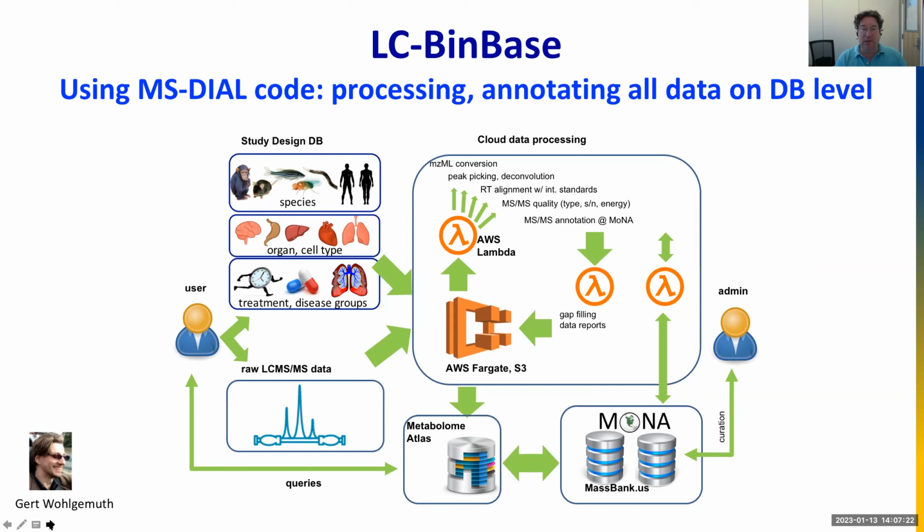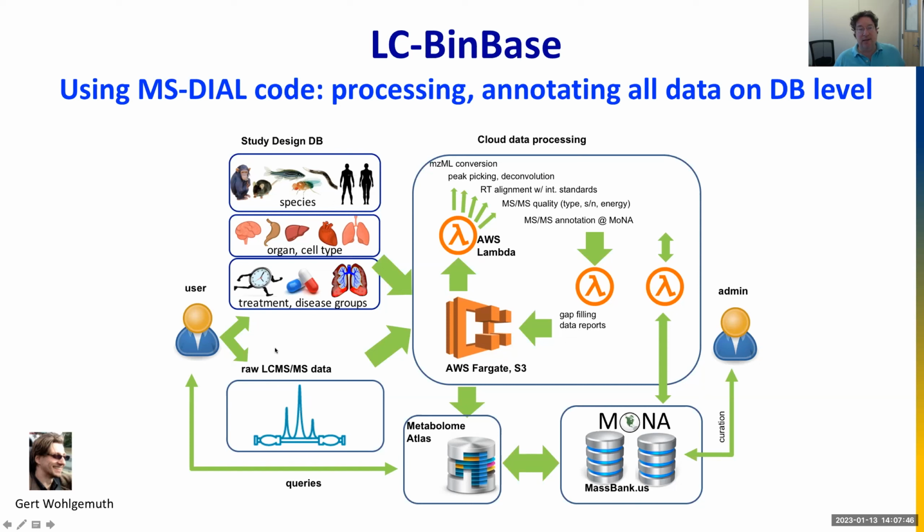High throughput data processing combines two aspects. One is the mere data processing that you see here in an overall diagram on LC-BinBase, going from the user who uploads the raw LCMS data to the cloud. On the other hand, we also need a study design database.